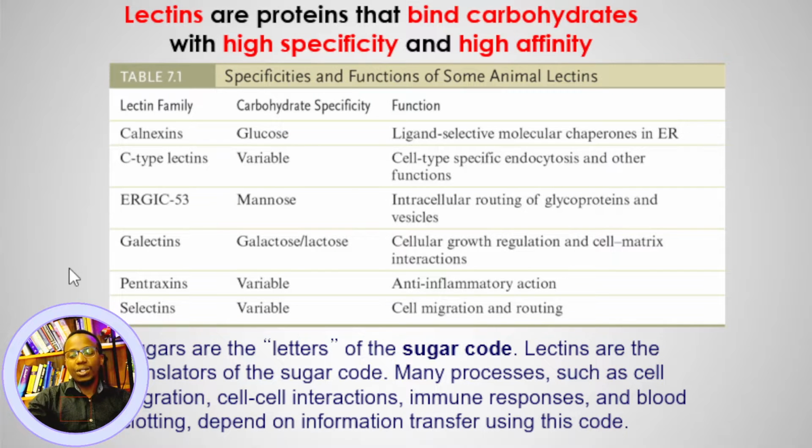One thing that I'll talk about last is lectins. Lectins are a family of proteins that bind carbohydrates with high specificity and high affinity. And whenever they bind to these, this is how I was talking about how we transfer the signals and how we recognize specific cells that have specific sugars.